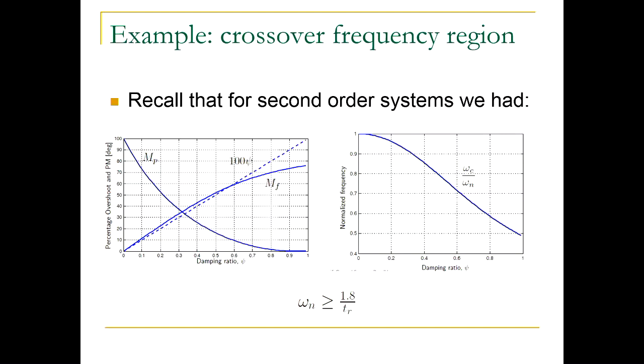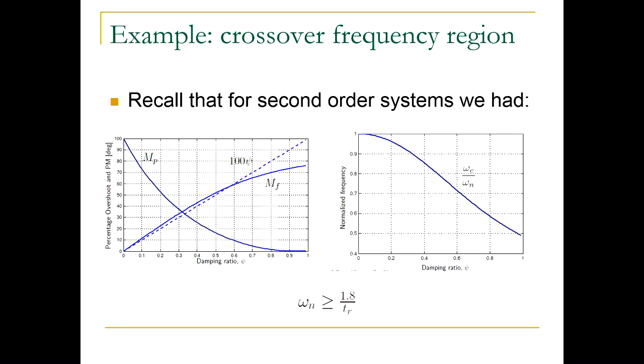Note, as you have less and less phase margin, here phase margin is very low, damping ratio is low, overshoot is high. As you are getting closer and closer to instability, you are getting worse and worse response. You have larger and larger overshoot. So you can really see the relationships between these different things in frequency domain and time domain. So this diagram is very useful for that reason.